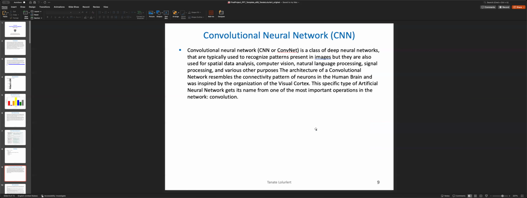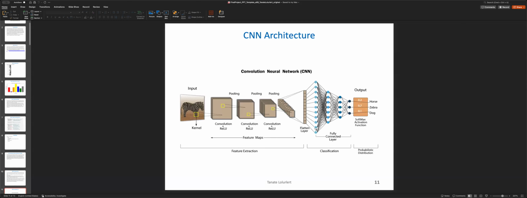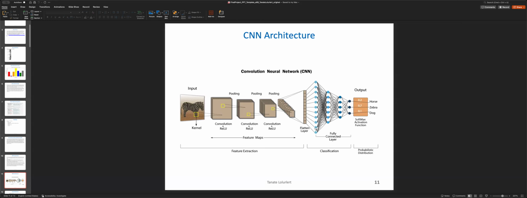The first model is CNN, convolutional neural network. There are multiple components in CNN, like convolutional layer, activation layer, batch normalization, max pooling, and fully connected layers. This is the CNN architecture.